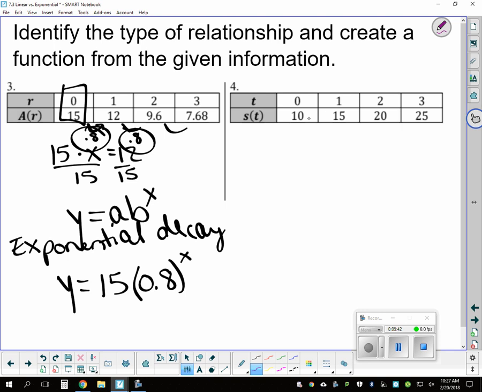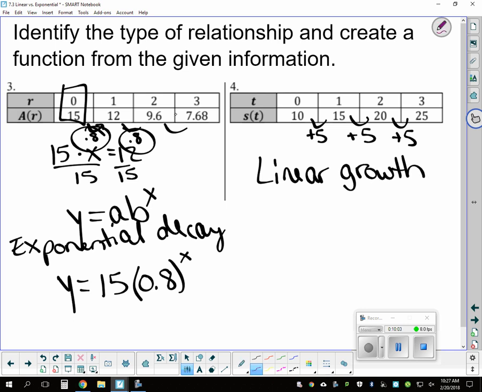Okay. Next one. Your T's look good. You're going up by 1 each time. Down here, my first thought is I added 5, and that's true here and here as well. So that makes this linear, since you are adding the same number every time. And it's going to be linear growth because you're increasing. So exponential, you need to be multiplying. Linear, you need to be adding.